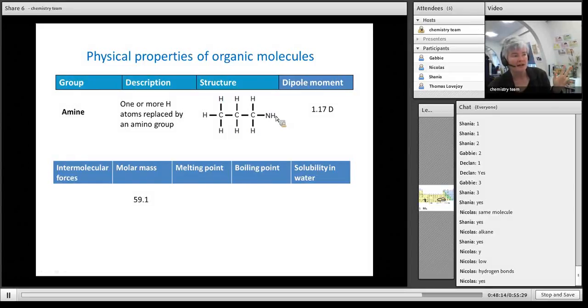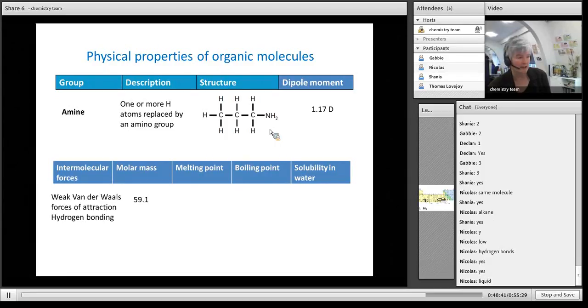So I've got hydrogens attached to nitrogen, so this amine can undergo hydrogen bonding. So do you think it'll dissolve in water? So, yes. And do you think it'll be a gas or a liquid? It'll be a liquid, correct.